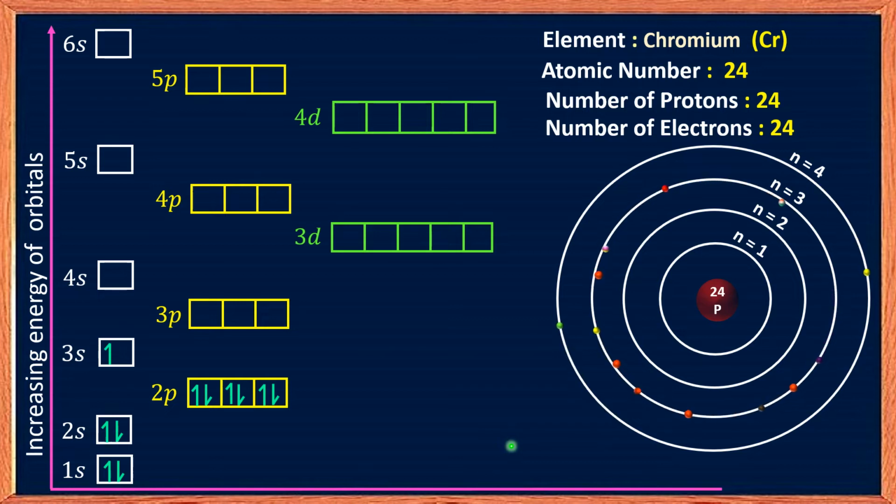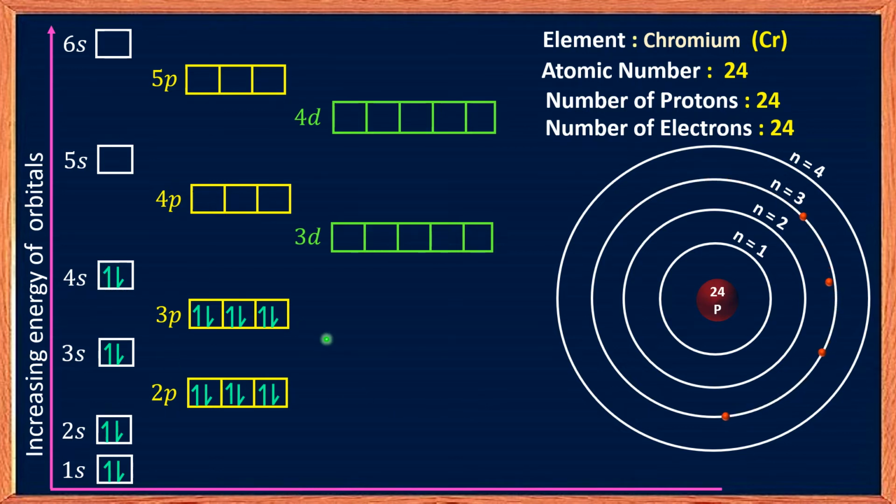Then the 12th electron pairs up with this electron in 3s, then electrons enter into 3p: 13, 14, 15, 16, 17, 18. Next the 19th electron enters into 4s and the 20th electron pairs up with this electron.